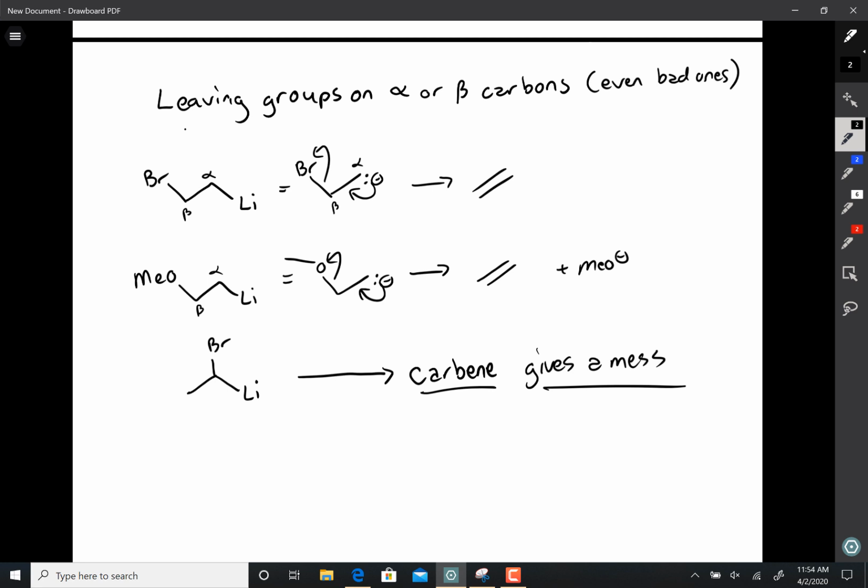Now let's talk about how to apply this. Let's take this molecule right here. We can treat it with magnesium or lithium. If we treat it with magnesium, we get a Grignard.